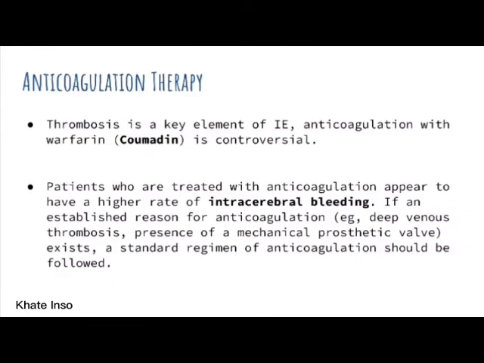So the next therapy is the anticoagulation. It is used against thrombosis. It is a key element of infective endocarditis. Anticoagulation with warfarin and Coumadin is controversial, and patients who are treated with anticoagulation appear to have a higher rate of extracerebral bleeding.